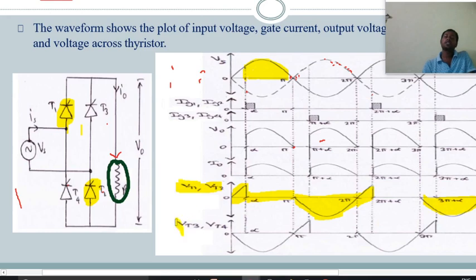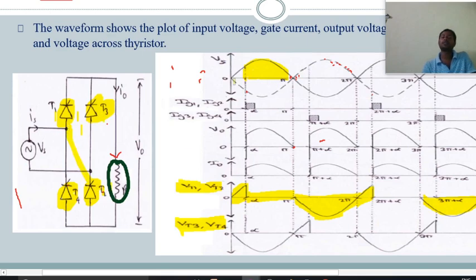And if you take the voltage across T3 and T4, they will be reverse biased when T1 and T2 are turned on. That's why whatever voltage is applied across T1 and T2 will be equal to that across T3 and T4.